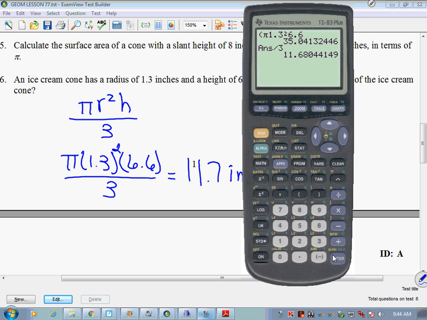Okay, hopefully when it's all said and done, how many of you guys got this answer that's up here? 2, 3, 4, 5, 6, okay, good. We should get 11.7 inches cubed. All right, with that, we're going to hit stop on our video and you guys can get started.